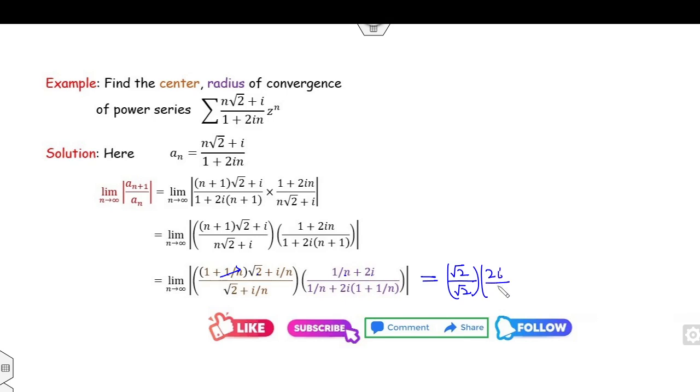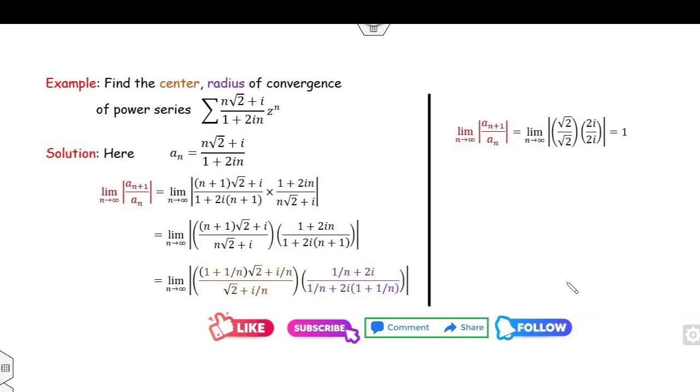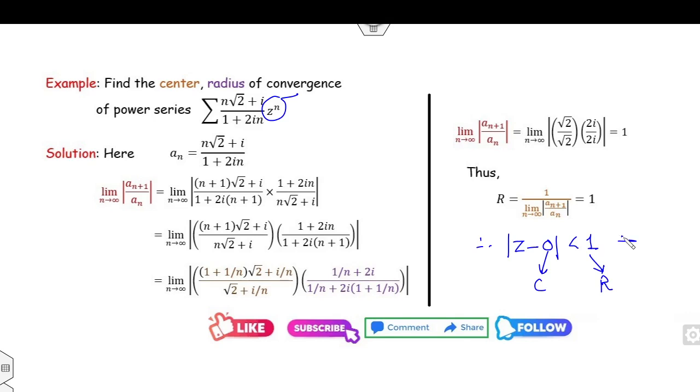It is my 2i. It is 0. It is my 2i. Absolute value, so that will be my 1. Fine. So therefore, the value of R is 1 over 1. Therefore, |z minus 0| is less than 1. So 0 is my center, R, the radius, is my 1, and this is my interval of convergence.